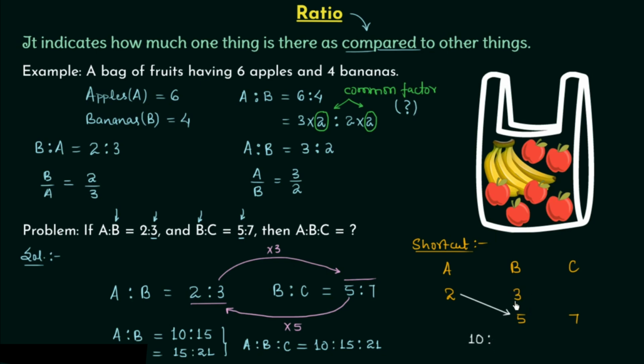Then we will multiply 3 by 5. This will give us 15, the second number. Again we will put ratio, and then we will multiply 3 by 7, and this will give us the final number we need. So 10 ratio 15 ratio 21 is our A ratio B ratio C, and this is the same as the answer obtained before. So I hope this shortcut method is clear to you.